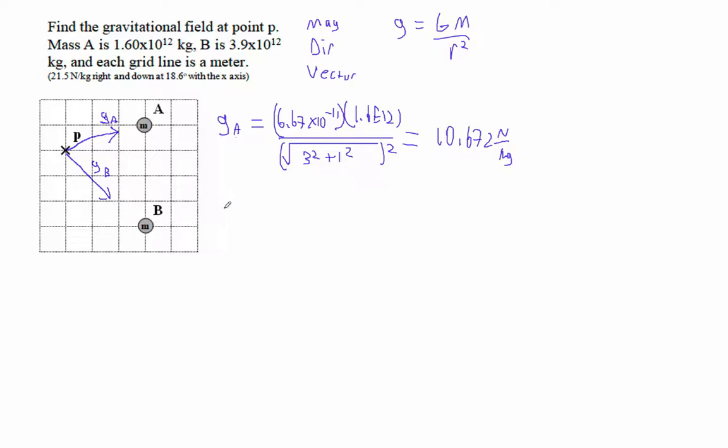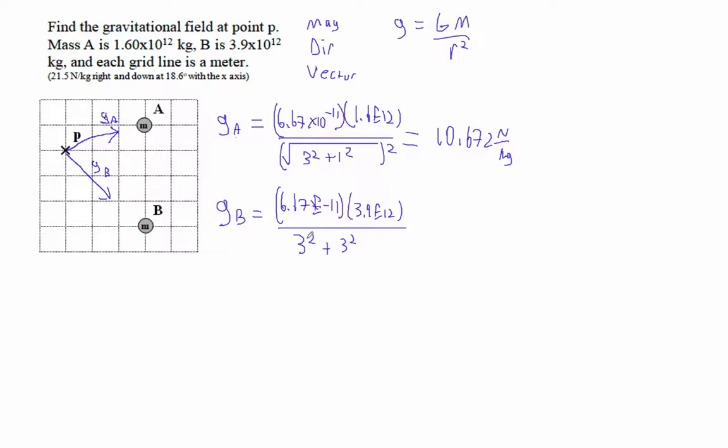Let's see. And then let's find the gravitational field due to B. That's going to be 6.67 times 10 to the minus 11, right? And B is 3.9 times 10 to the 12th. And then that's all divided by, let's see, 1, 2, 3 over 3 down. So 3 squared plus 3 squared.